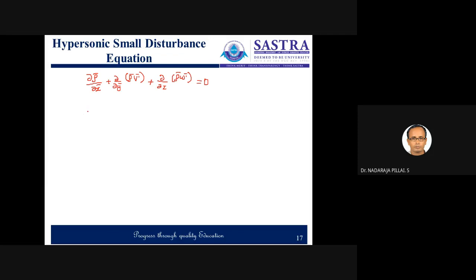Similarly, the x momentum equation can be written as ρ̄ into ∂ū'/∂x̄ plus ρ̄ v̄' into ∂ū'/∂ȳ plus ρ̄ w̄' into ∂ū'/∂z̄, that is equal to minus ∂p̄/∂x̄.